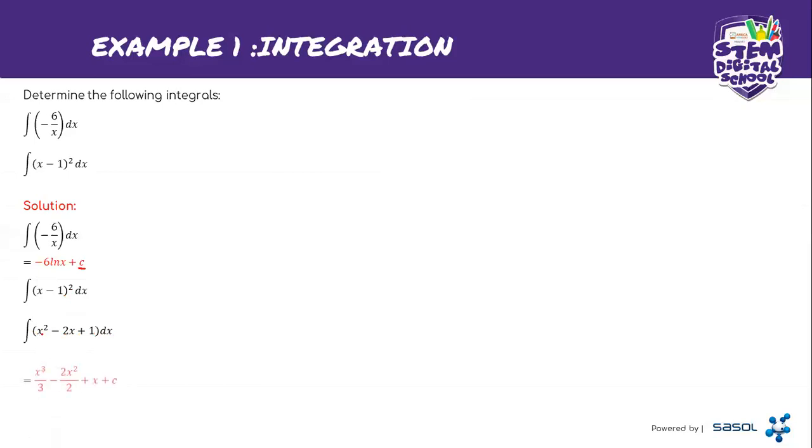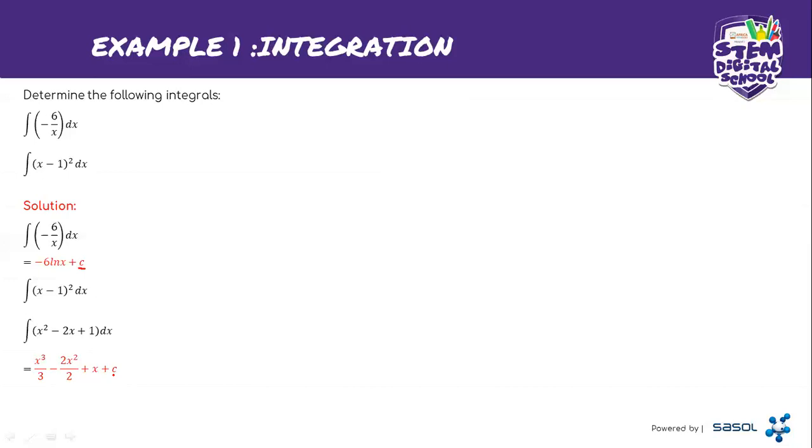And when you integrate, remember I also indicated that integration is the antiderivative of differentiation. So now remember, for exponent 2, we are going to add 1, and what we did from this exponent, then we're going to divide with it. Now we're having x cubed over 3 minus 2x squared over 2 plus x plus c.